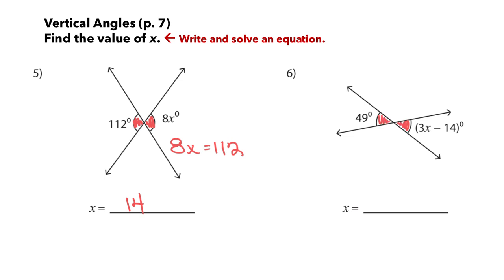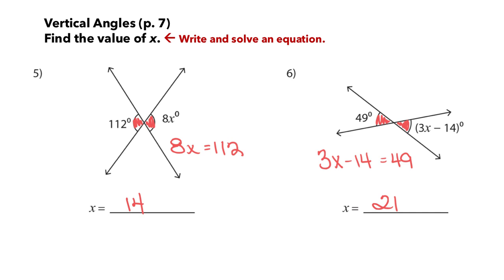We've got our 2 angles marked. Chase: 3x minus 14 equals 49. Very good. And what did you get for x? 21 is correct. Very good.